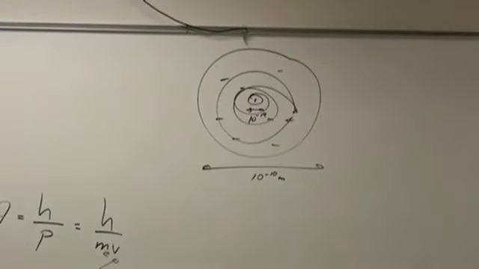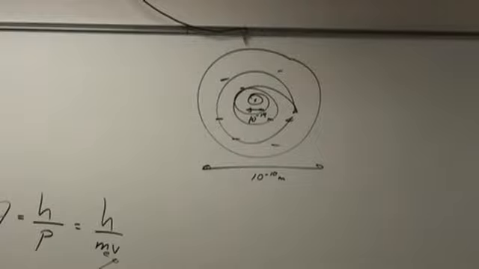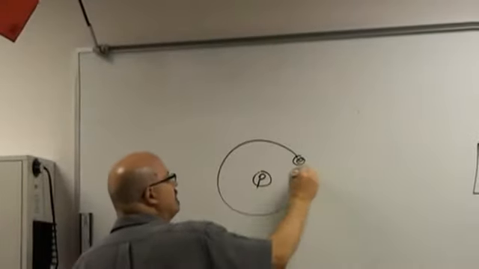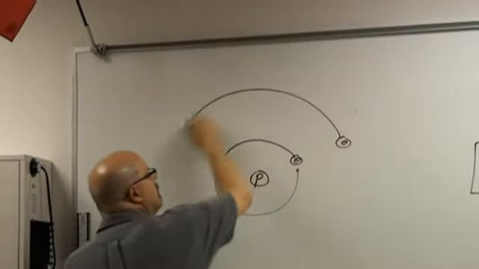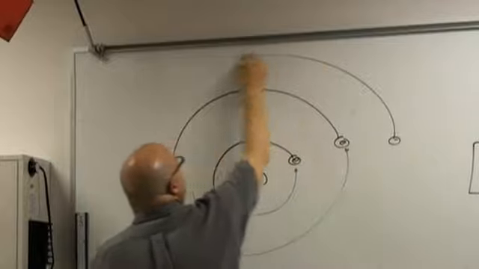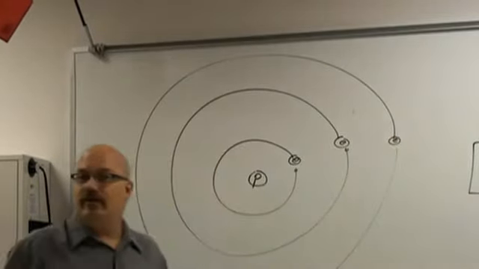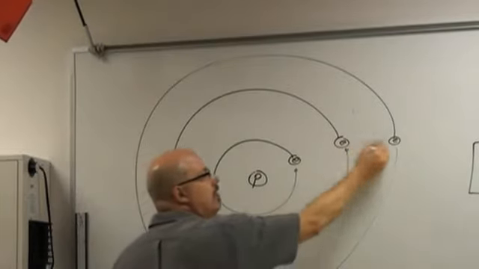And along comes Niels Bohr. Niels Bohr says, here's how the hydrogen works. You've got a proton here, and you've got electrons going around like this. That's a hydrogen atom. He says that electron can exist here or here or here.